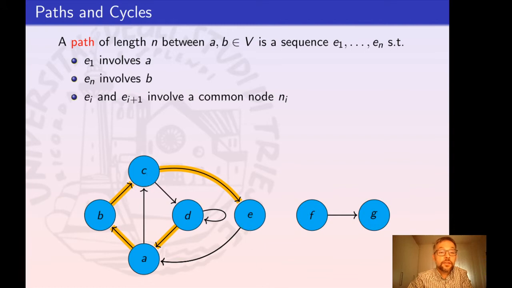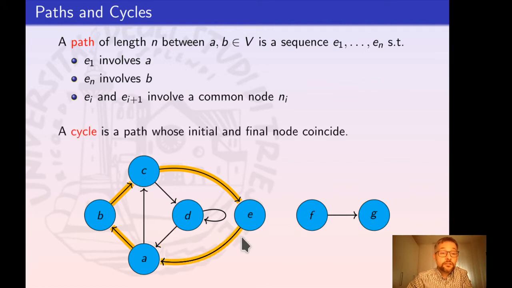The sequence is of course the sequence of these edges. And if you look at two subsequent edges, you notice that the destination of one edge, which is in this case B, is the source, the node from which you are leaving, moving along the subsequent edge. Okay, and this is a path.